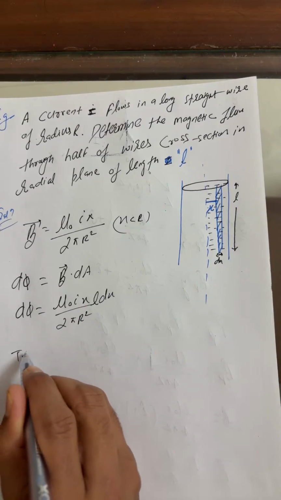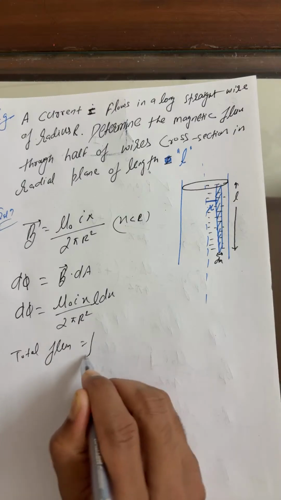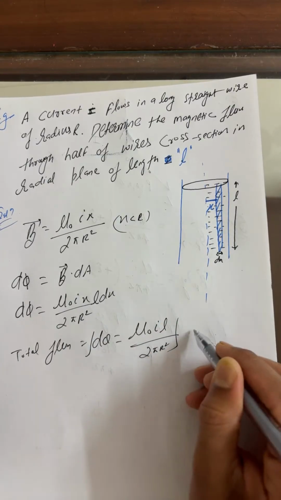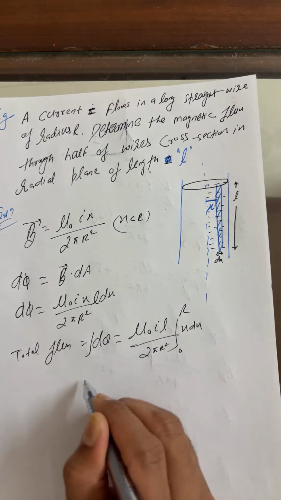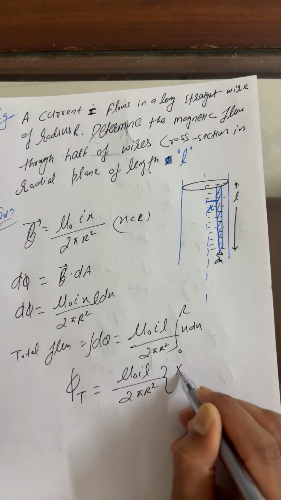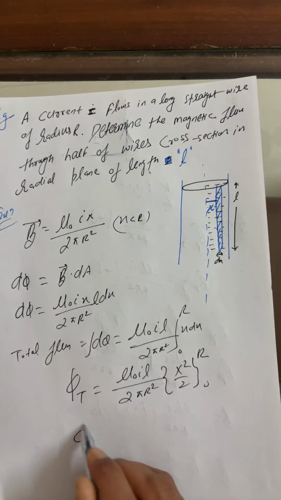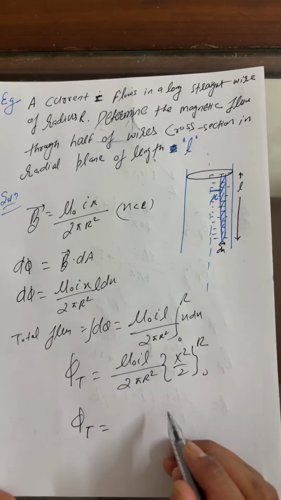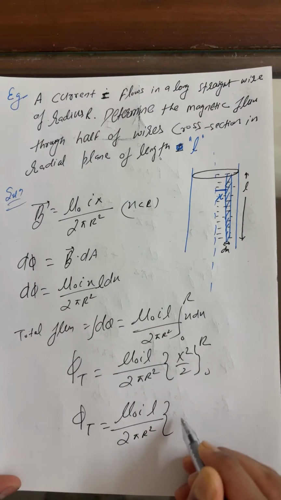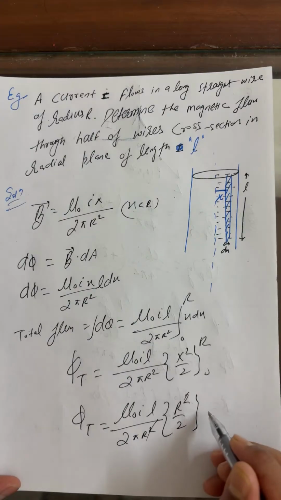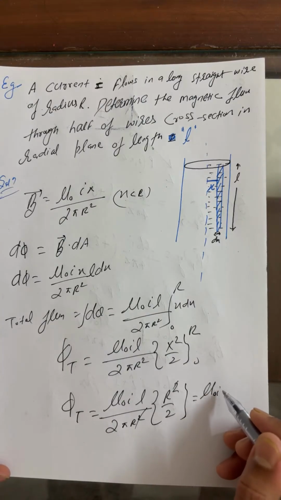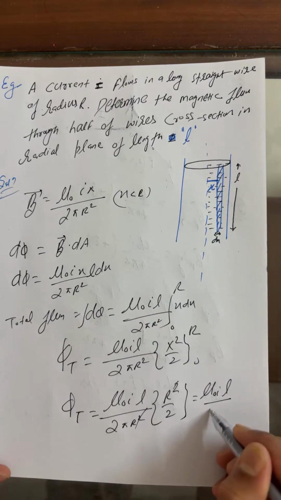So the total flux is the integral of d phi, mu naught I L upon 2 pi R square, x dx, with limits 0 to R. This gives mu naught I L upon 2 pi R square, x square by 2 from 0 to R. Replace x with R, so R square by 2, and the R squares cancel. Finally, the answer of this question is mu naught I L upon 4 pi.